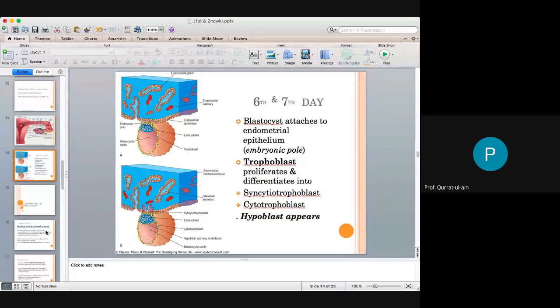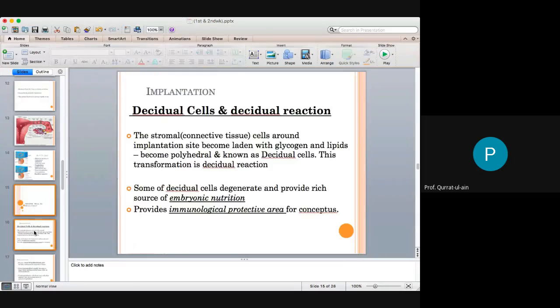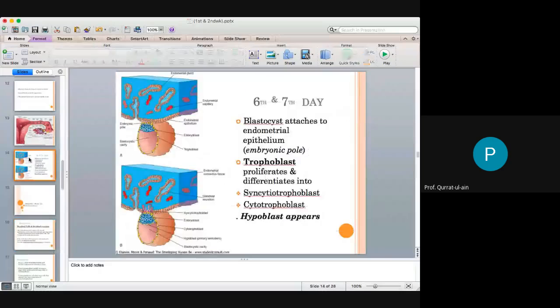Another thing which we will see in the second week is that there are certain changes within the endometrium, and those changes within the endometrium are known as the decidual reaction, and the cells which are being formed here are the decidua. And what is this?